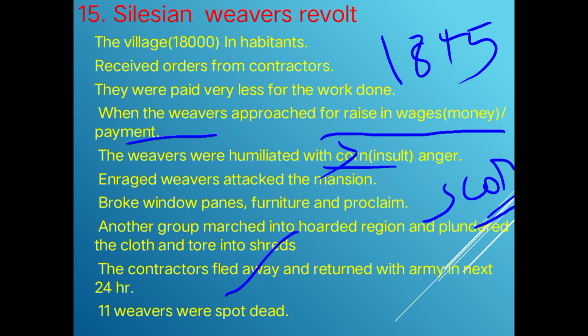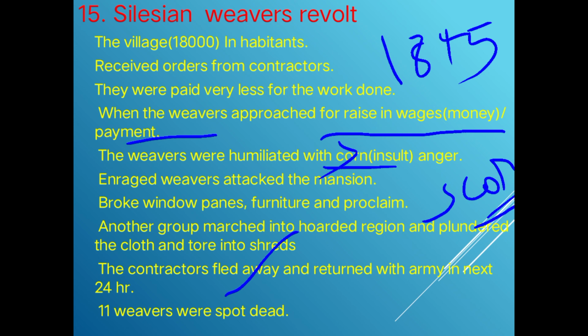Enraged, the weavers went and attacked the mansions, the huge buildings of the contractors. They broke open the window panes, furniture, and porcelain, and they demanded a rise in their wages. Another group marched into the regions where cloth was illegally stored.